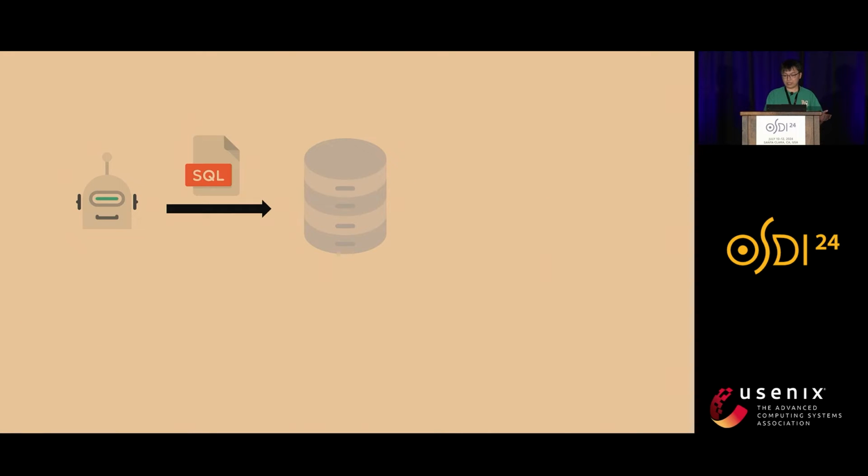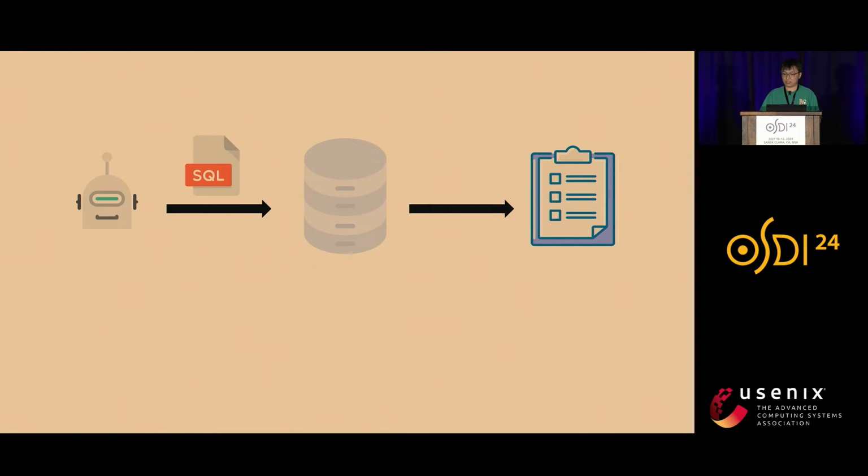So given a query, if it triggers a crash, there's no doubt that it triggers a bug, because a database system should not crash when processing a query. But what if it does not crash the system, but the system produces a result? Can we know if the query triggers a bug?